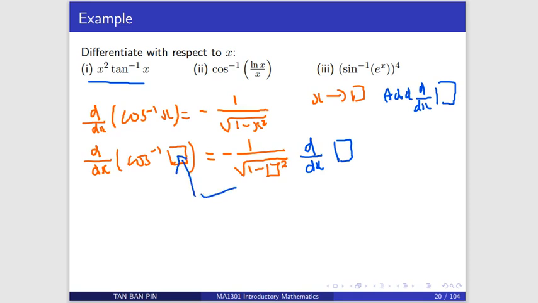You fill in ln x over x. ln x over x goes inside the box.